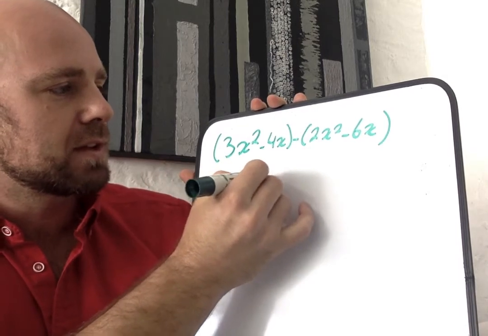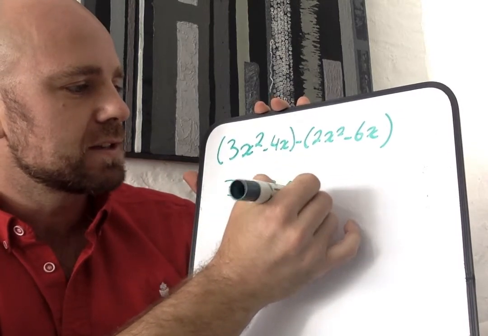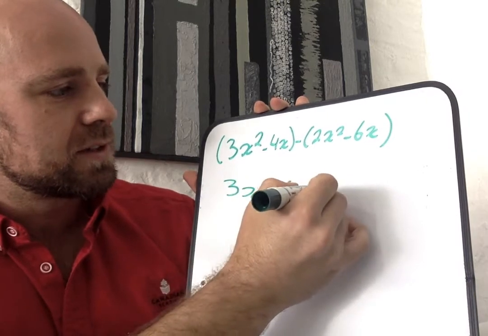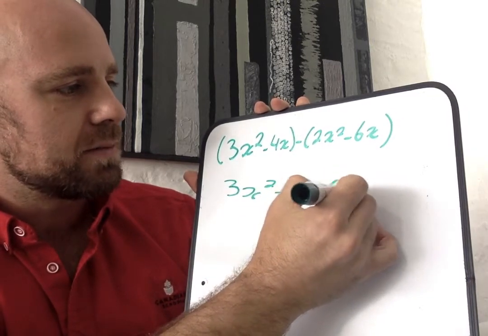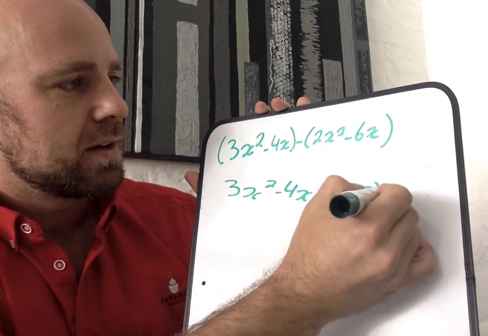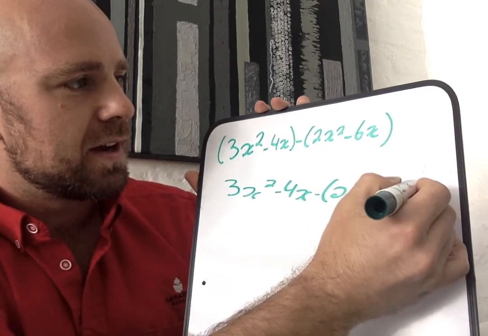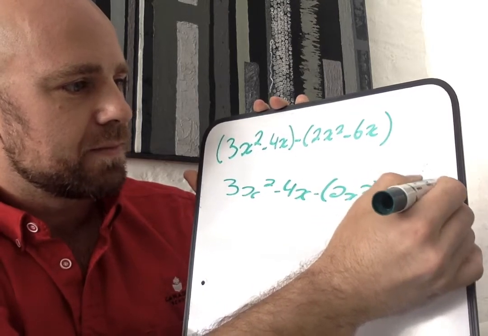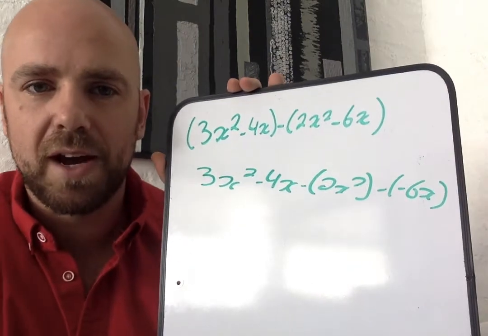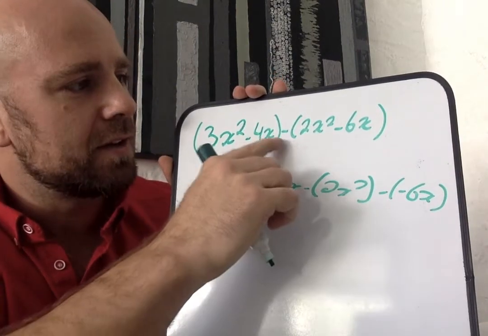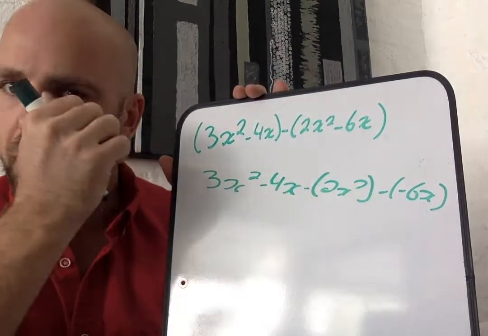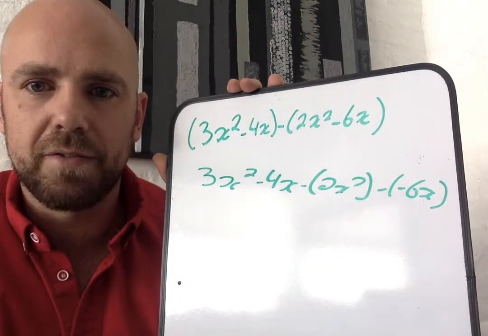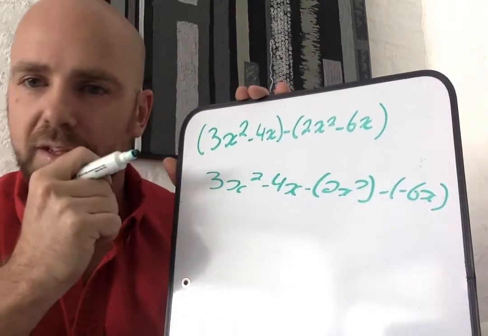So I'm going to have 3x squared minus 4x. Next, what I'm actually doing is I'm saying minus times 2x squared, and then minus negative 6x. Okay. So this is actually how it gets distributed. So that negative gets distributed into both of the terms of this binomial.